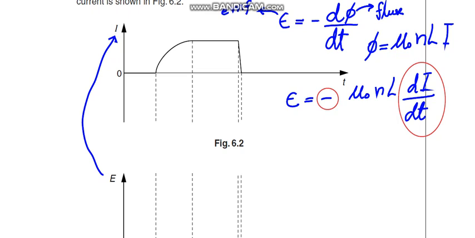So we divide our graph into 5 regions: 1, 2, 3, 4 and 5. For regions 1, 3 and 5, we have a straight horizontal line whether the current is 0 or maximum, but if it is not varying, its gradient will be 0.